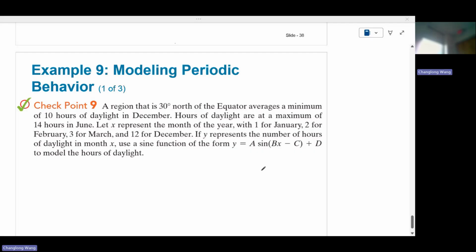The B tells us something about a period, right? And in this case, there's no reason to go with a negative B. If the B is positive, you want to figure out what kind of B value is such that when you take the period of the entire graph, it will not be 2 pi, it's going to be 12. So what part of the problem indicates the period of the graph is supposed to be 12?